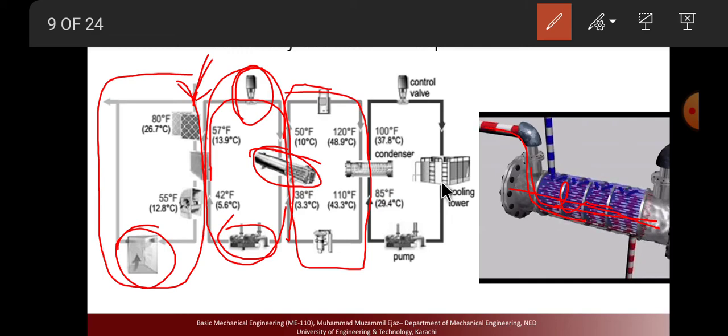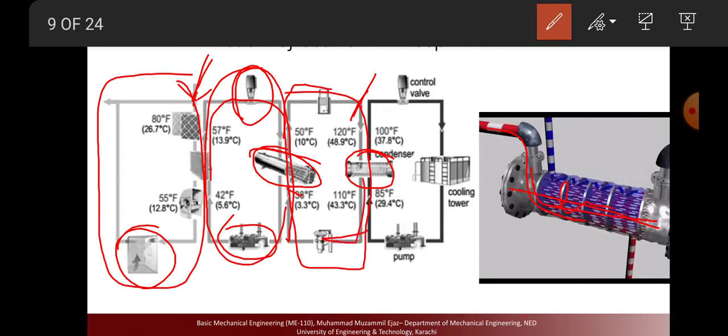This is the evaporator that cools down the water, and this is the condenser. In the condenser, the refrigerant does not just cool down, but changes phase from gas to liquid. You have seen that after compression the refrigerant is in the gas state, but in the condenser it is cooled and changes phase from gas to liquid.